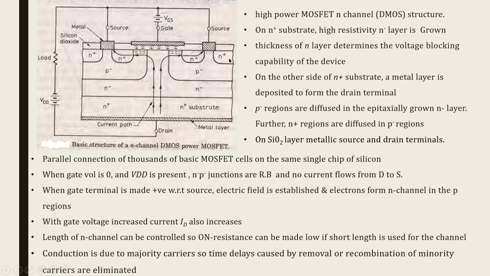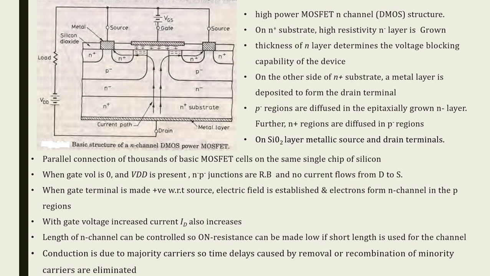Also on top of that an SiO2 layer is formed with the metallic source terminal. On top of that, you see here, the metallic source is formed. Here downside the SiO2 layer is there, and there the drain is formed. Okay, and on top of the SiO2 layer here, metal is deposited, and the gate terminal is also formed here.